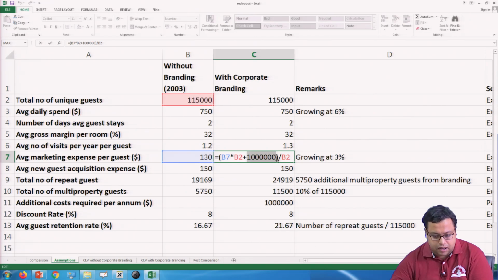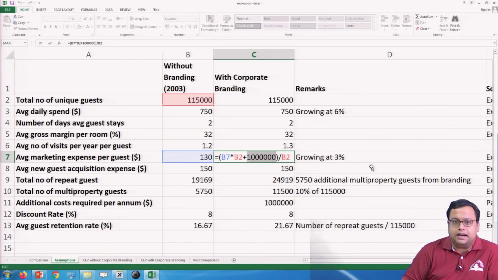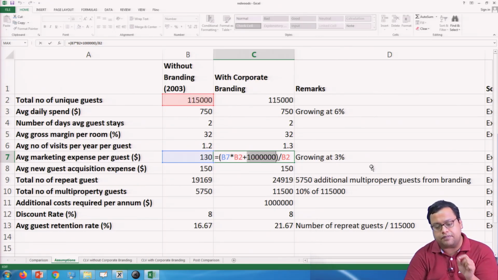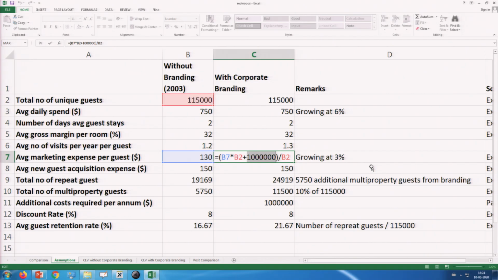This extra 1 million will be the cost of corporate branding. With 1,15,000 customers, the extra cost on marketing is 8.7 rupees or dollars per customer.